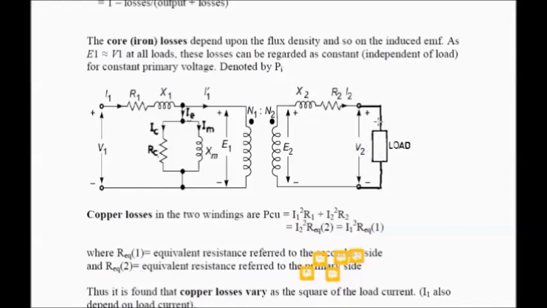If I connect load L2, the current will be some I22, and the voltage will not be V21, it will be some different voltage like V22. So the voltage across the load changes when we change the load or the power factor of the load.